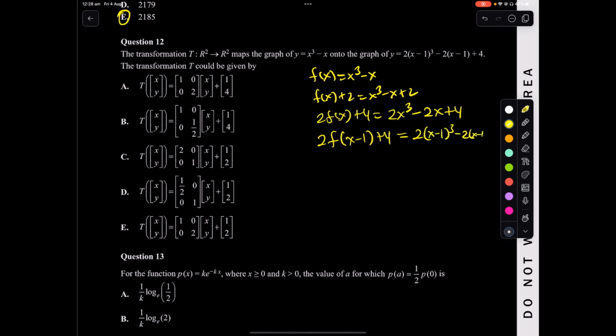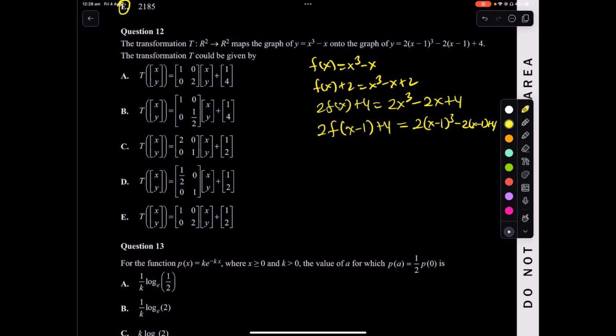So, can we see one that looks similar to this? So first what we did was we translated 2 units. So let's just have a look. Okay. Let's try number A. So it's saying x dash is equal to x plus 1.